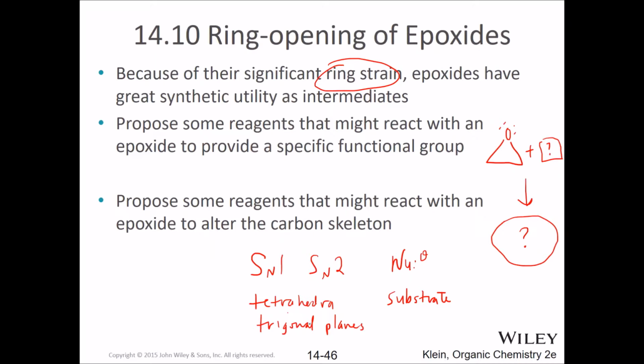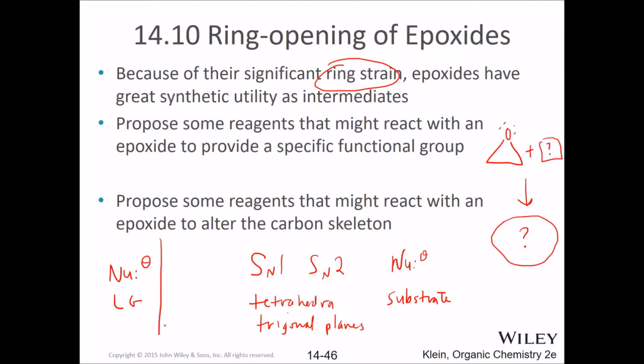In other words, think of it in SN1, SN2 parlance. We're going to be doing that over the next couple slides, but if you could pause the video right now and think about that. If I have ring strain there, what might a nucleophile be? What might a leaving group be? Where are the positive centers and where are the negative centers?